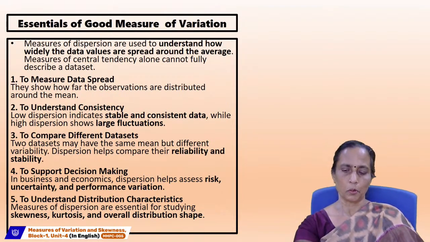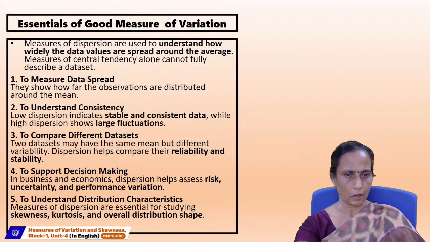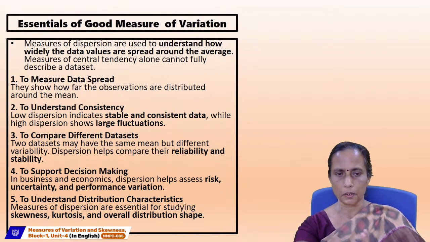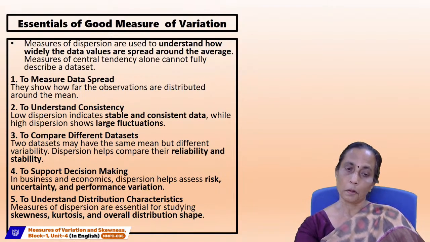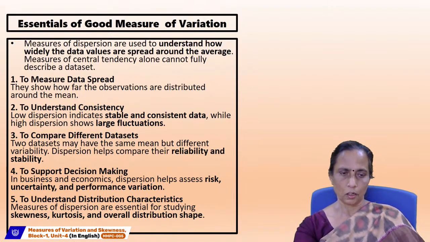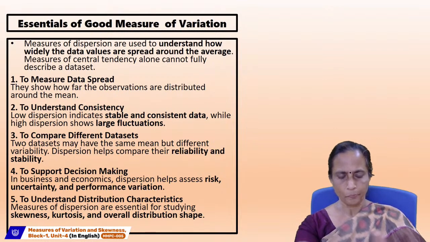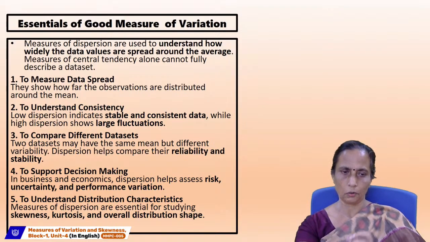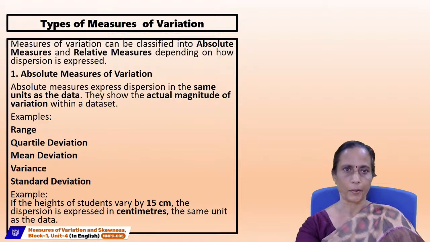And to support decision making in business and economics, dispersion helps in assessing the risk, uncertainty, and performance variation. To understand distribution characteristics, it should be essential for studying skewness, kurtosis, and overall distribution shape.